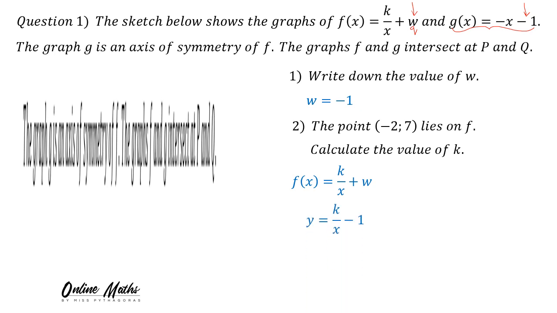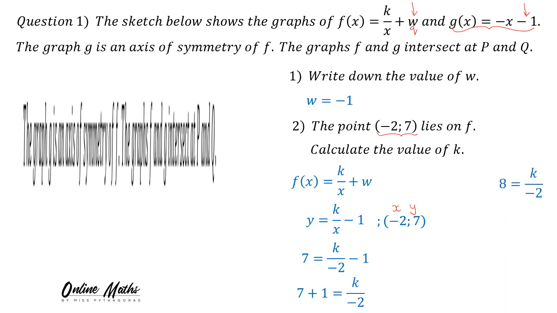Then the point living on the graph is the point -2 and 7. And then we will add an x and a y there so that we can substitute the coordinate to find k. In y's place 7 equals k over, in x's place -2 minus 1. Then -1 walks across, that becomes +1.